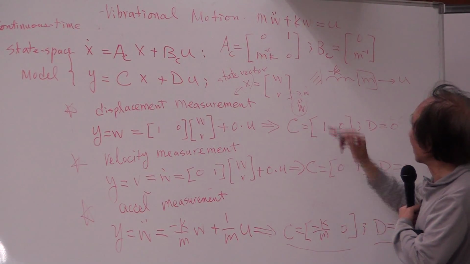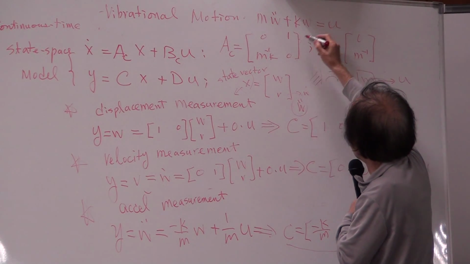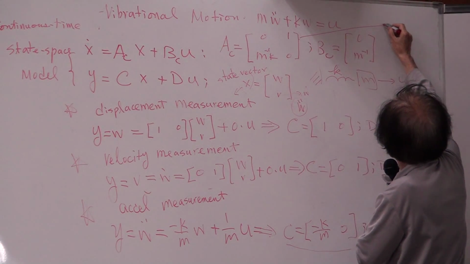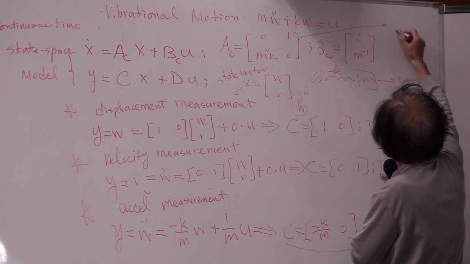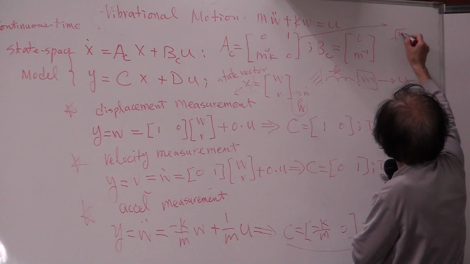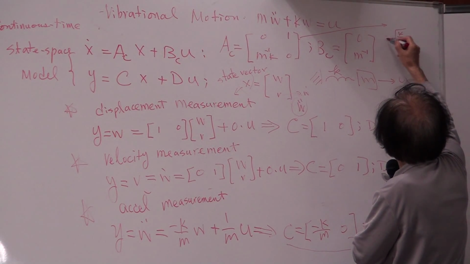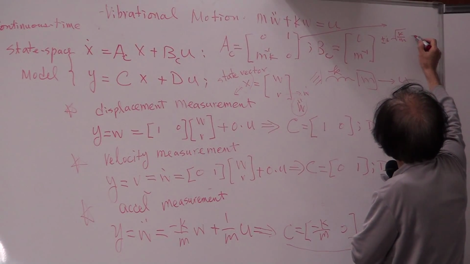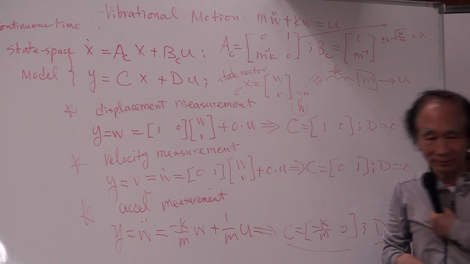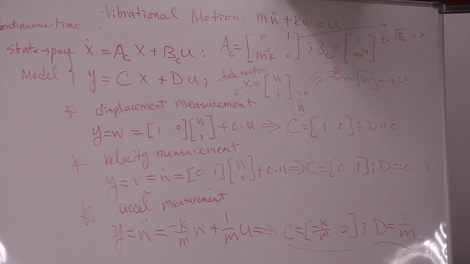So the eigenvalue of this will be plus or minus i square root of K over M. That's my eigenvalue. Agree?